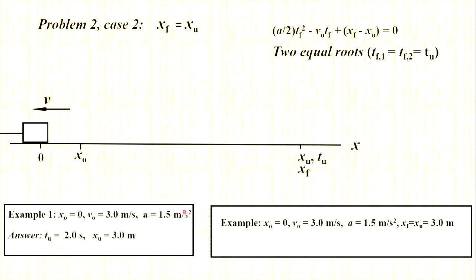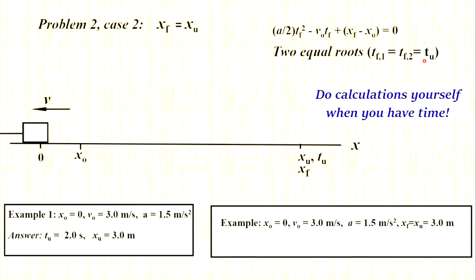We take the same initial conditions as in example 1 for problem 1, and we add the location of the point of interest at the U-turn point, namely at 3.0 meters. So if we use these numbers in these equations, then we will see that this equation has two equal roots equal to tu. You see here the answer is 2.0 seconds. It coincides with the answer we got previously.